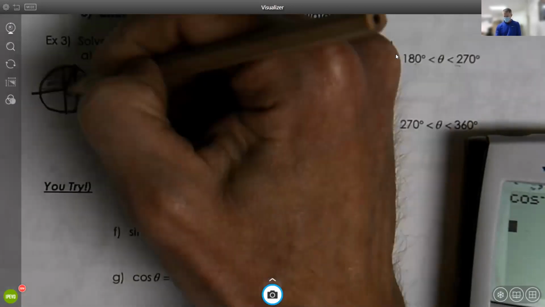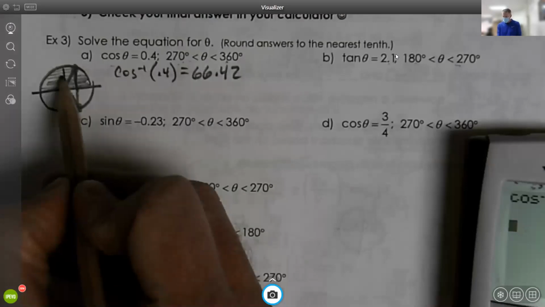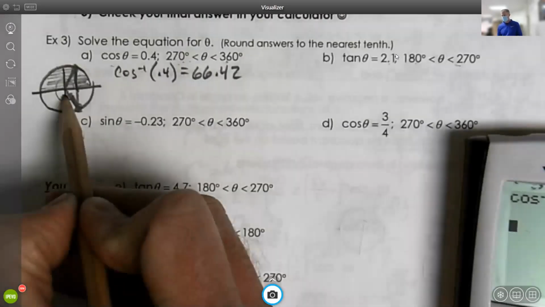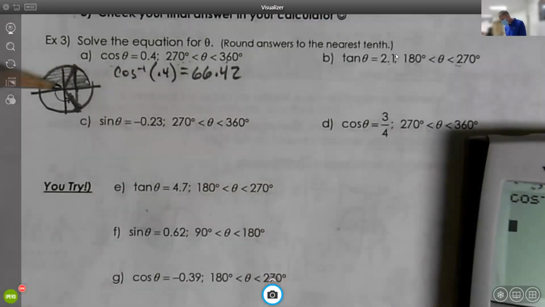So we draw it from the origin. We need to come all the way around and tuck in there. Well, how do we do that measurement? What we look at is the reference angle. That reference angle right there is really important to us. If this angle is 66 there, this angle down here is 66.